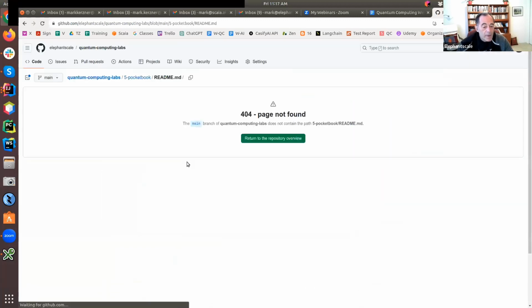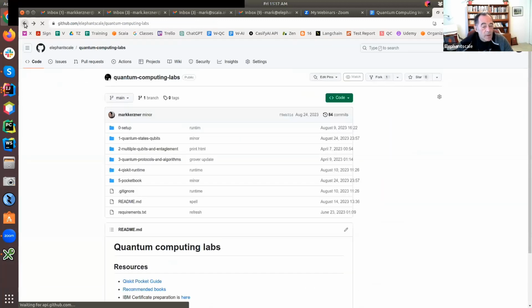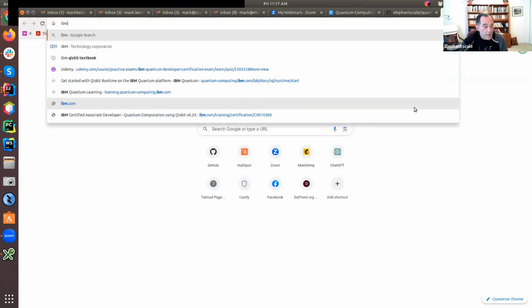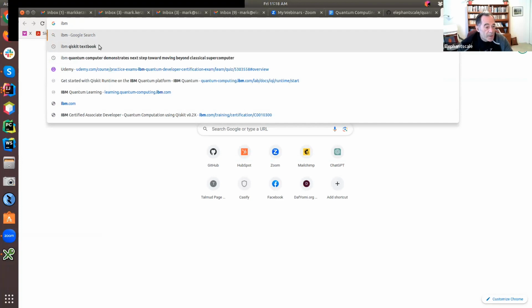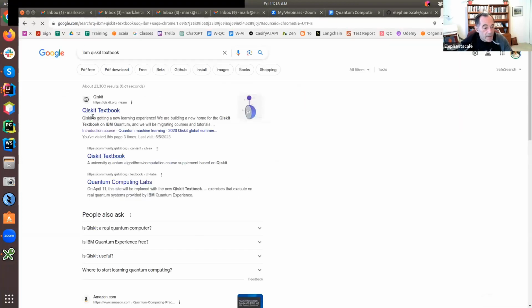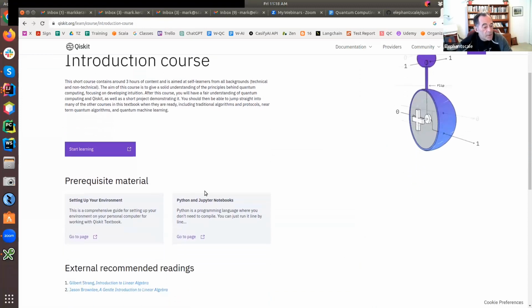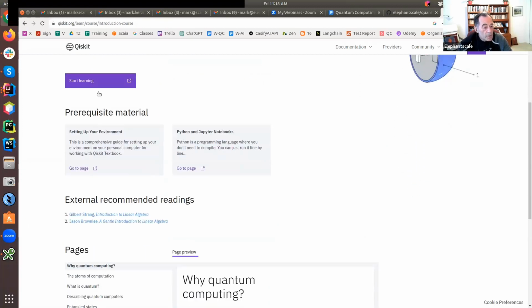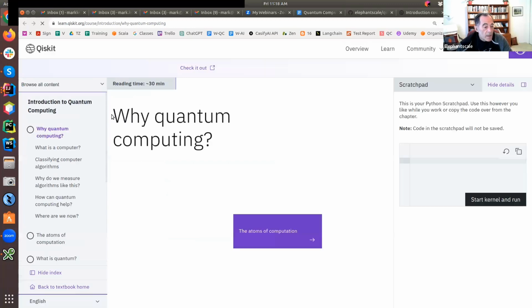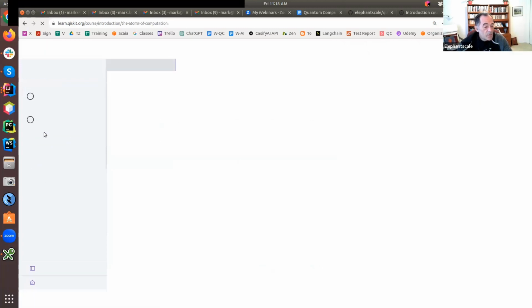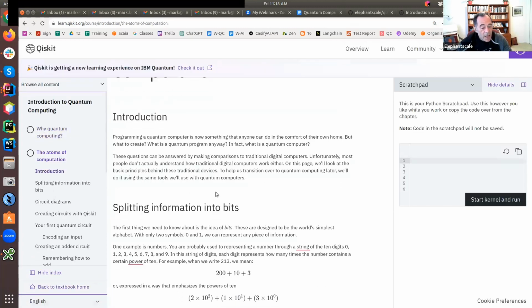No, that doesn't work. All right, let's find the IBM Qiskit textbook. All right, that's the course. What you can do here is start learning, and you will go through the regular exercises. Let's go to the chapter on computations.